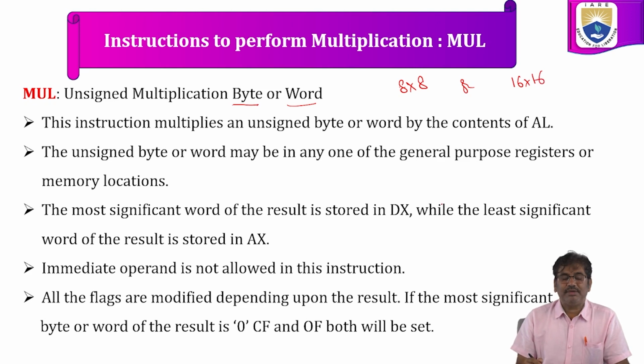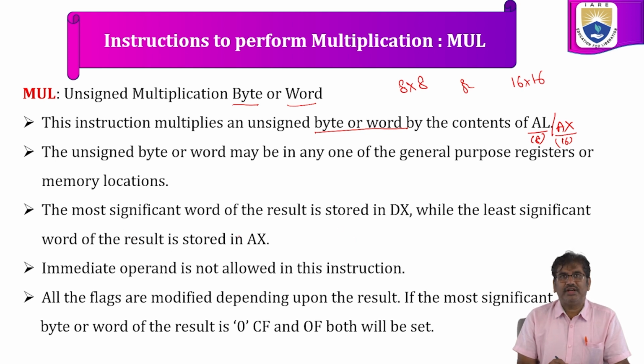The instruction multiplies an unsigned byte or word. One operand should be in either AL or AX: if it is the 8-bit case, the AL register; if it is the word case, the AX register. The unsigned byte or word may be in any one of the general purpose registers or memory locations.